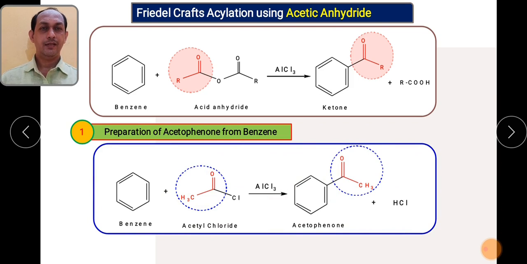How can we convert it? Let us see. Benzene reacts with acetyl chloride. This structure I already told you, C6H5COCH3. So this COCH3 part has to come from acetyl chloride. So acetyl chloride reacts with AlCl3 and acetophenone is formed, with the elimination of HCl. So this is an aromatic ketone you can prepare.